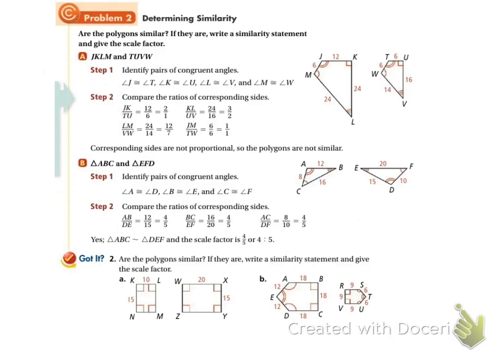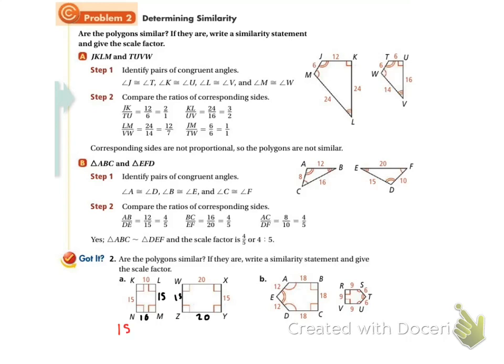Okay, let's look down here, and we're going to do our got it problems and figure out if these polygons are similar. So we're going to look at whether the angles are congruent, and we also need to check if the sides are proportional. So if these are rectangles, right, because they've got the four right angles, I know this is also 15, this one's also 10, this one's also 20, and this one's also 10. So I'm going to start with this side here.